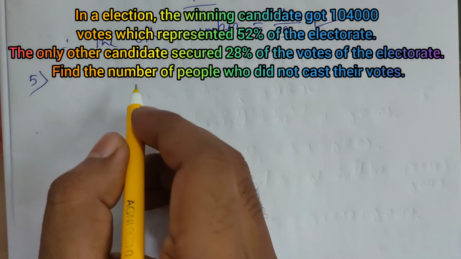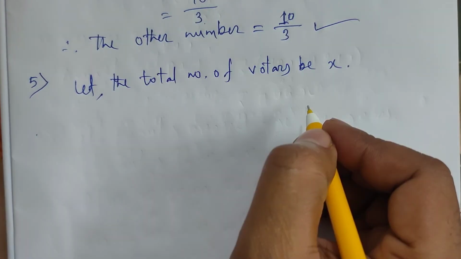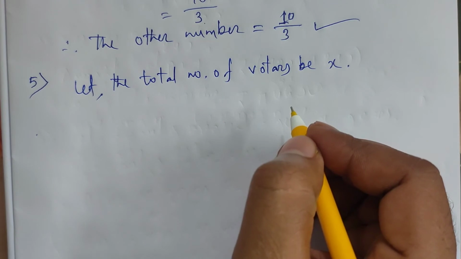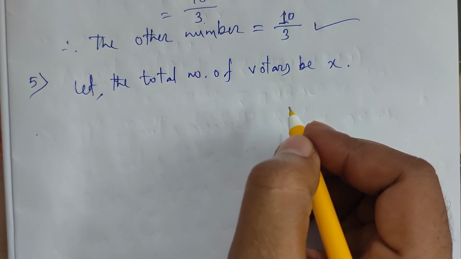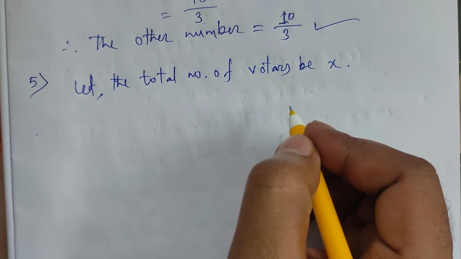At first we will take the total number of voters as x. So let the total number of voters be x. Here 52% of the total voters, that means the winning candidate got 1,04,000 votes, will be 1,04,000.